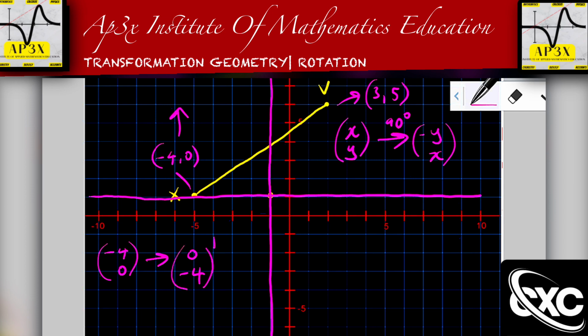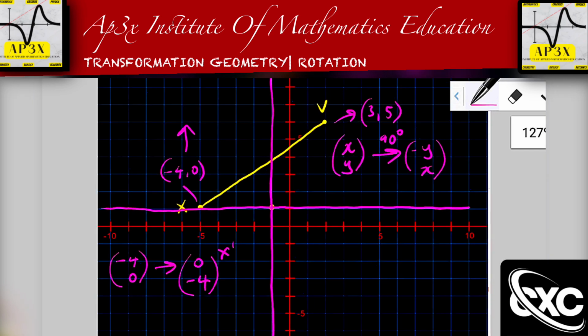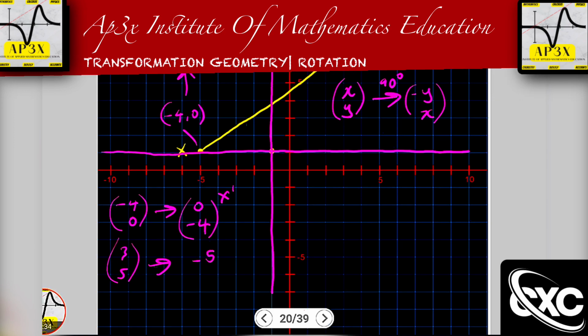This is our new point of rotation, so that's going to be my x prime. Okay, so let's write this over here, and now we have (3, 5) up here. That's going to go through the same process, (3, 5), and it's going to flip over. So this is going to become minus 5, and then we're going to go up 3 here. That's going to be my V prime.